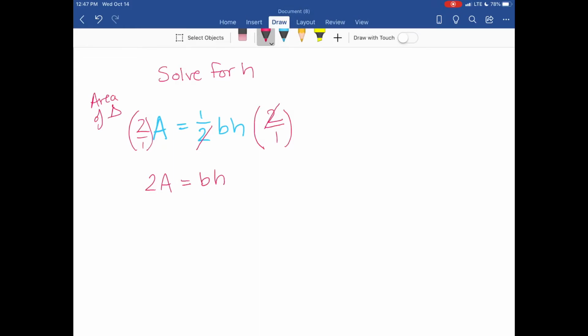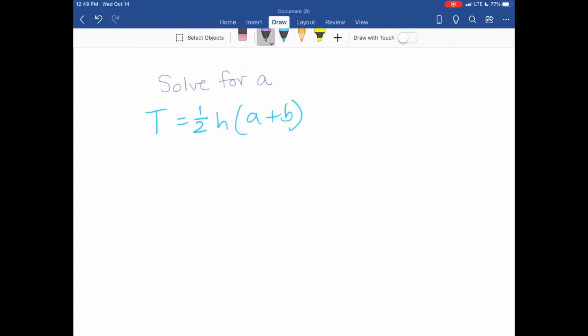So my next step, that's right, I'm going to divide both sides by b. That would leave me with h on the right side and 2a over b on the left. And then using our symmetric property, I would write my solution as h equals 2a over b.